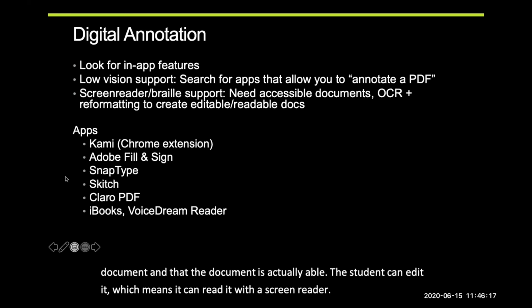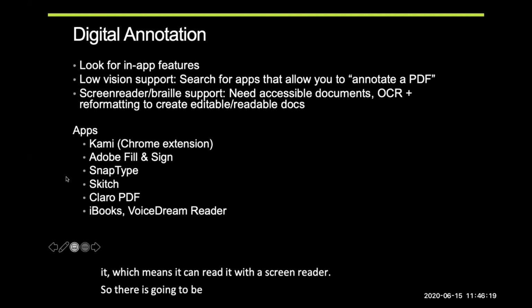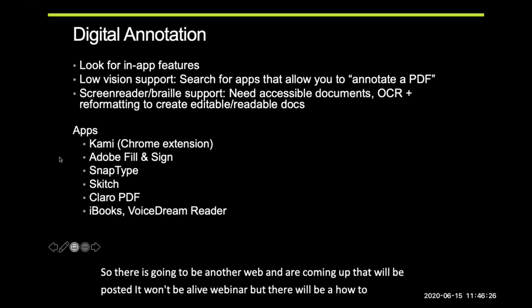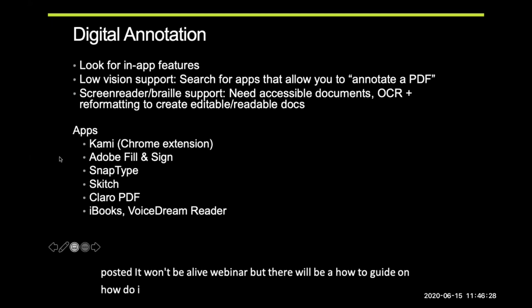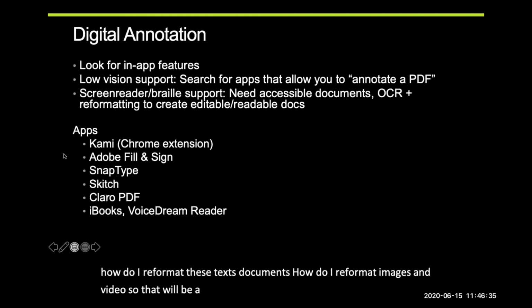There's going to be another webinar coming up that will be posted. It won't be a live webinar, but there will be a how-to guide on how to reformat these text documents, images, and videos. That will be a separate tutorial available soon.